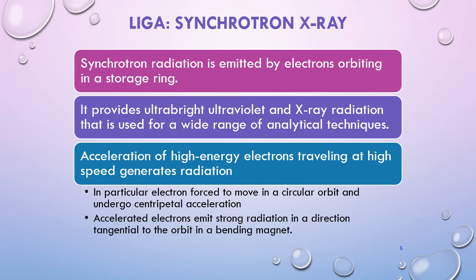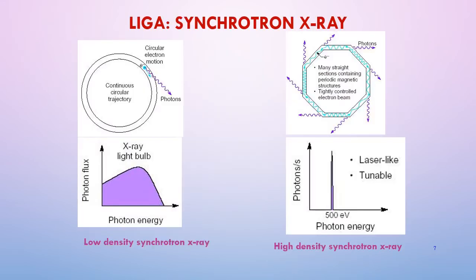In the previous one, we saw that the electron is circulated as a high energy electron in circular motion, so that you will be able to get the synchrotron X-ray. This one is the example of the low density synchrotron X-ray, but in LIGA there will be high density synchrotron X-ray, like the one used here.